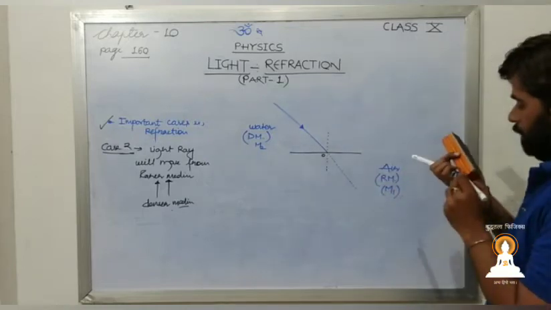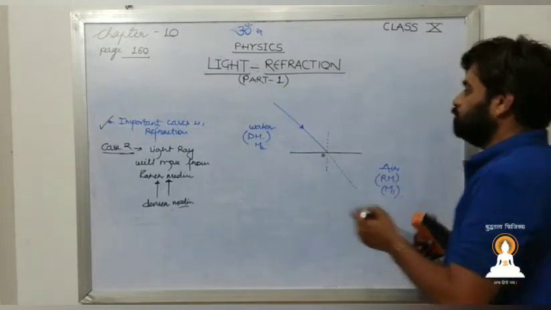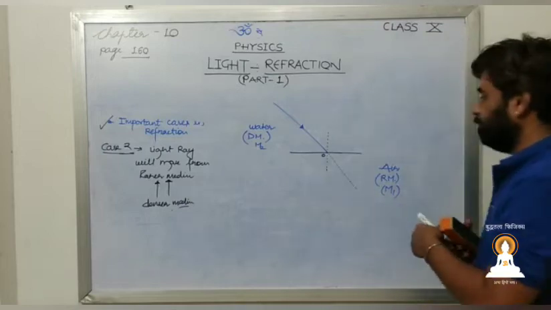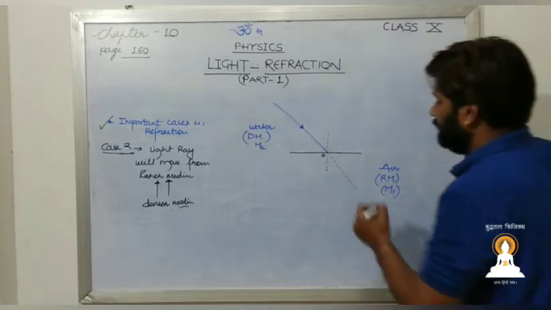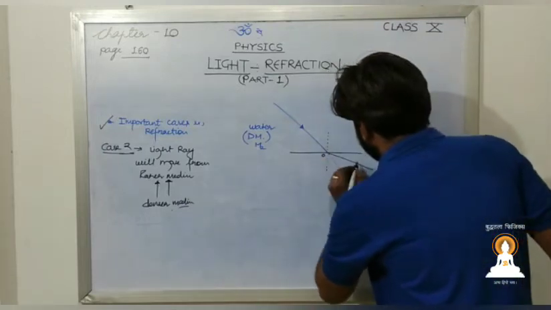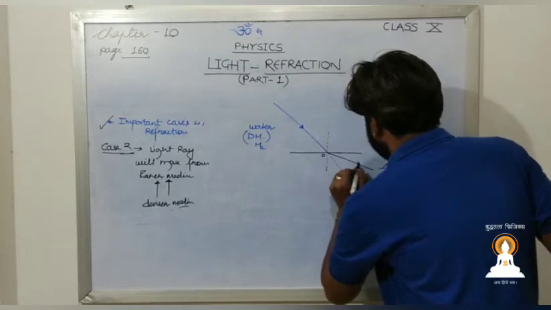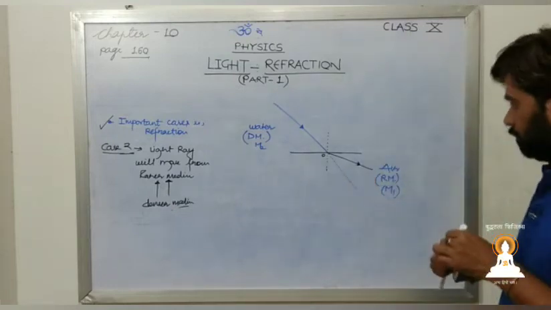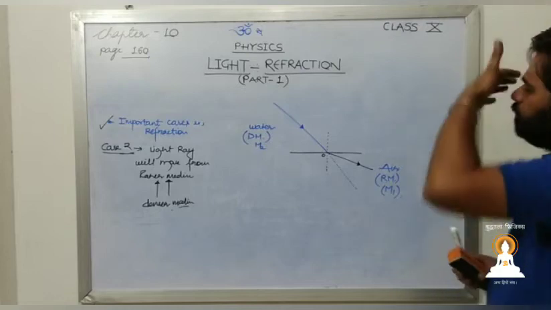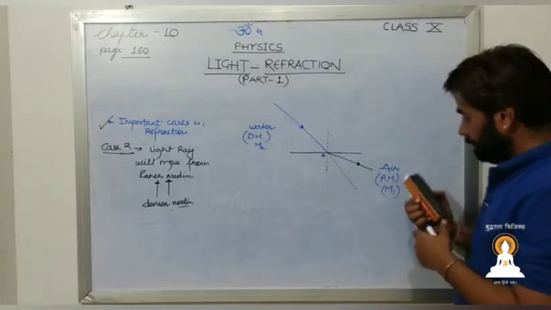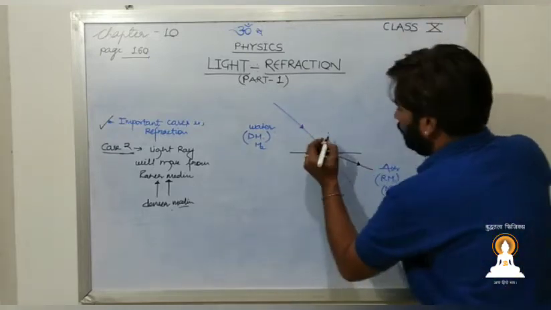Now when a light ray moves from denser medium towards rarer medium, we used to see it moves away from the normal. It moves away from the normal. Now, away from the normal, let us see the angle.